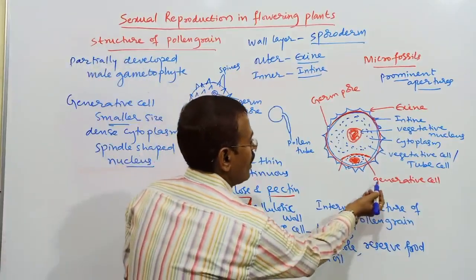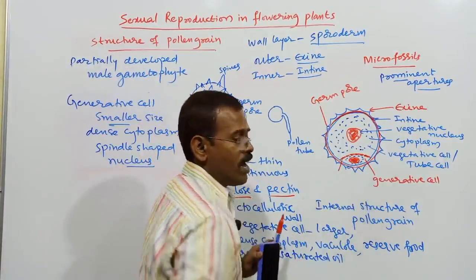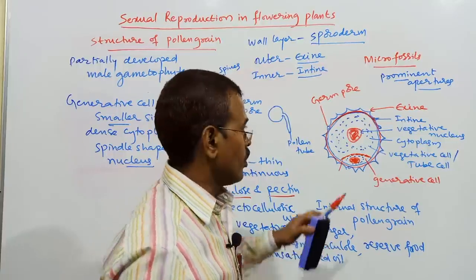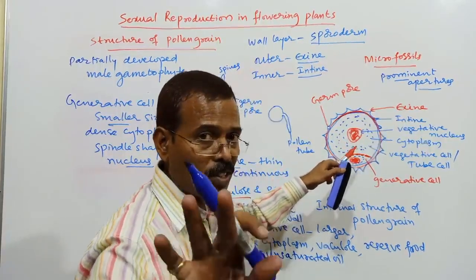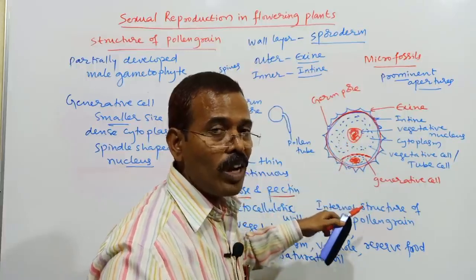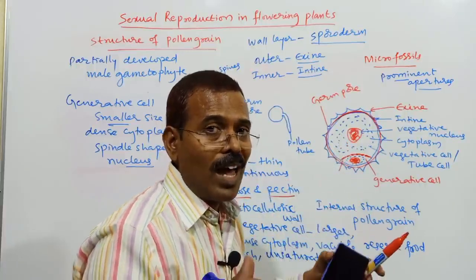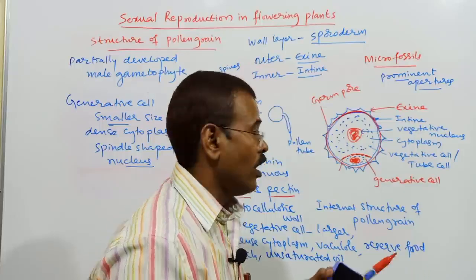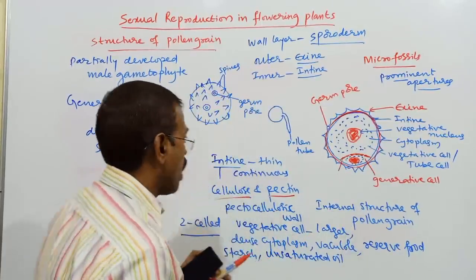Now, this generative cell and this generative nucleus, these structures are haploid only. Remember, vegetative nucleus is haploid, generative nucleus is haploid. Vegetative nucleus is larger with irregular shape, while the generative nucleus is smaller.